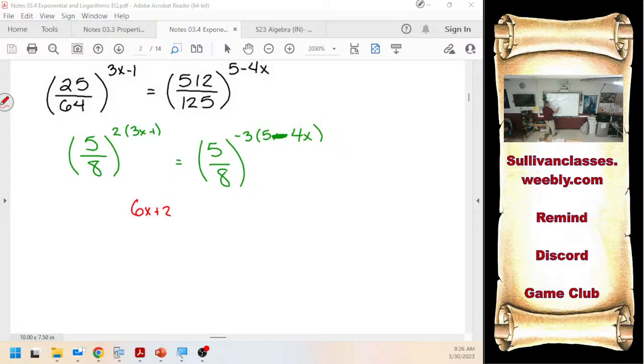6x plus 2 is -15 plus 12x. Get -6x. Get -17. X is gross. It should be 6x, -6. Oh, I just can't read my own handwriting.